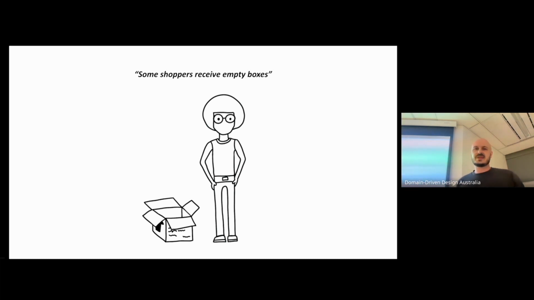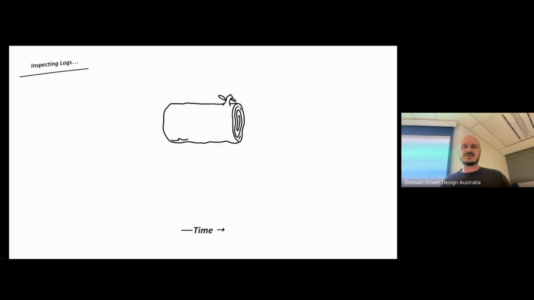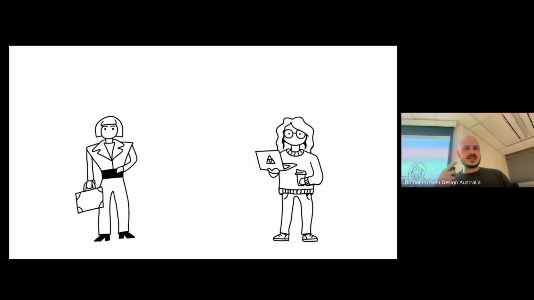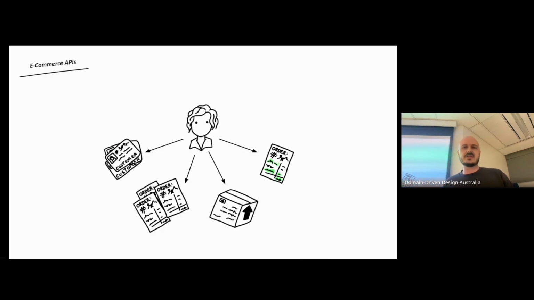Now, this one, when we look at the logs, there's nothing obvious. Like, why empty boxes? And we check the code, and again, there's nothing in your beautifully handcrafted code that would result in empty boxes going to customers. So you see nothing obvious there. And it's only when you overhear the boss saying it only seems to happen with cancelled orders that you remember that there is no cancel order endpoint.